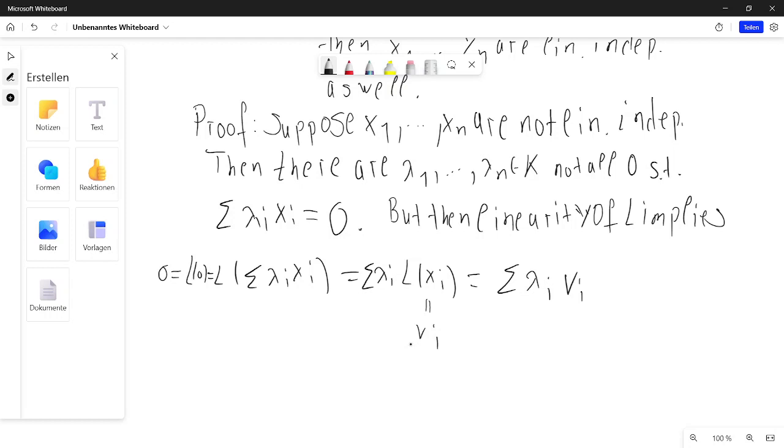Right, we obtain this, and the lambdas are kept the same the whole time, so we actually have a contradiction to linear independence of the vi's. So indeed, the pre-image operation works very nicely. The pre-image keeps linear independence.